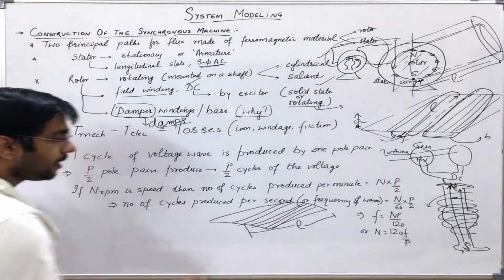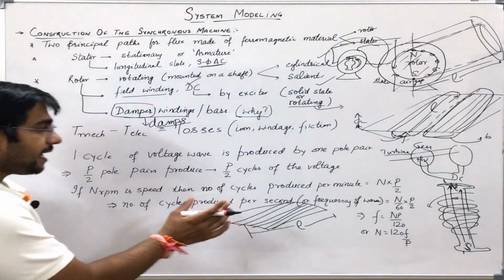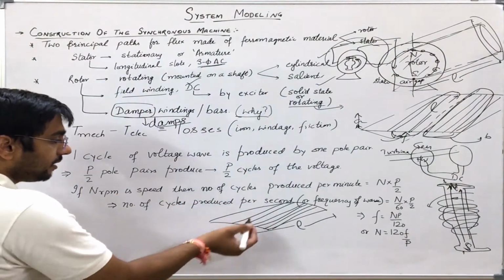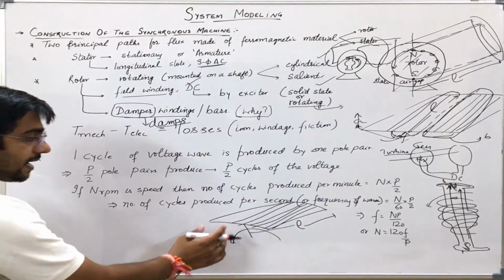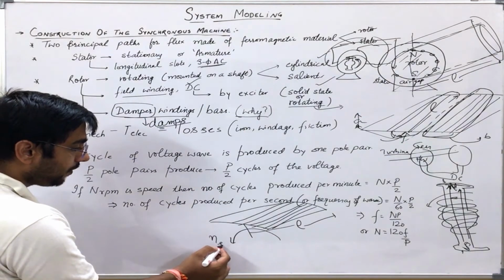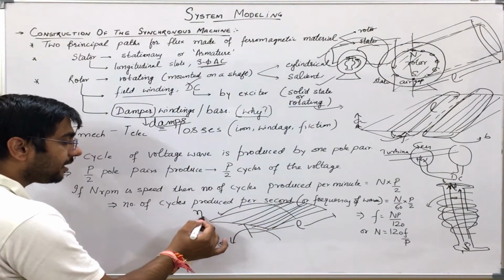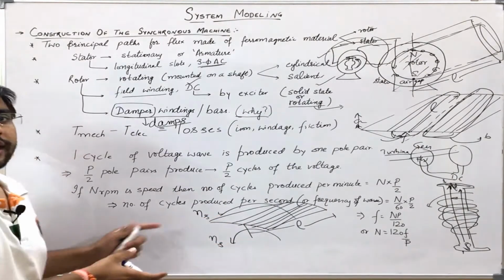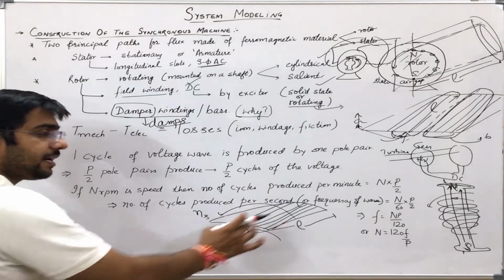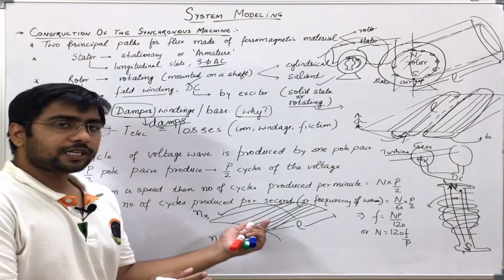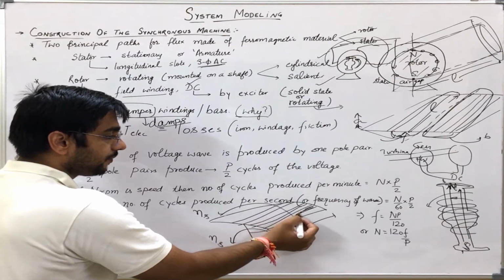Now whenever there is some relative motion, this rotor is rotating in this direction, let us say at synchronous speed. The stator field is also rotating at synchronous speed, so there is no relative motion between this rotor and this stator field, so there will be no induced current in these bars.